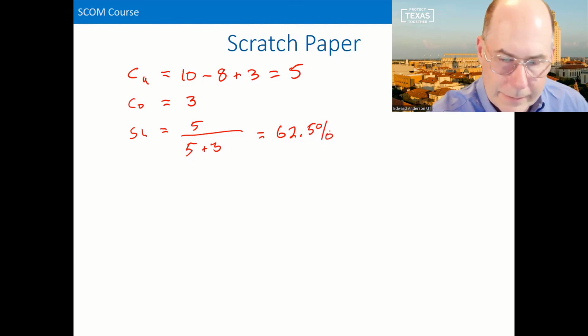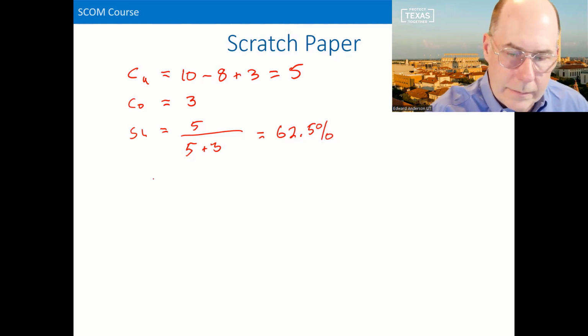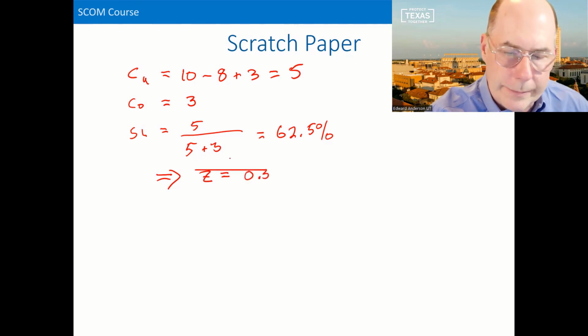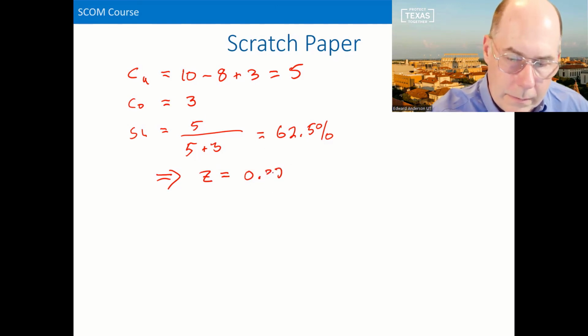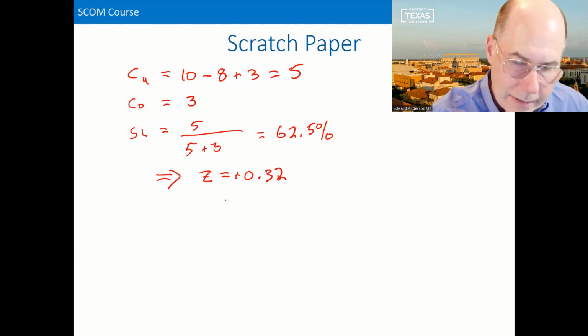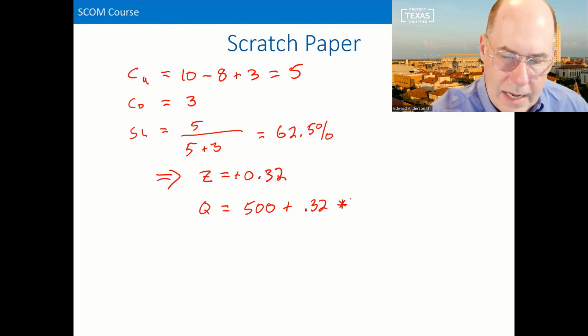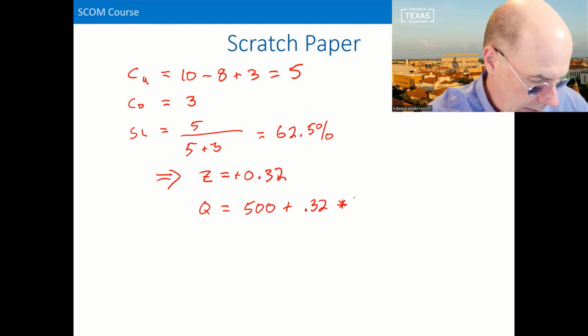So there we are. And that implies that Z is going to be equal to 0.32. And it's plus this time. So that means that our Q equals 500 plus 0.32 times 100.